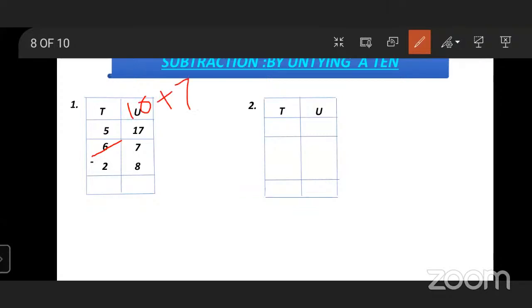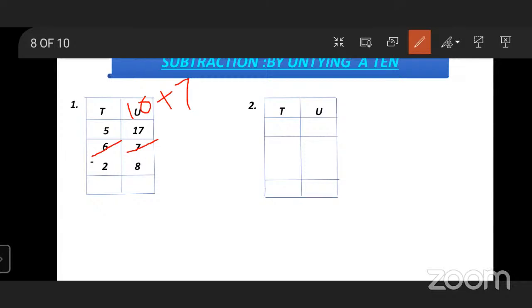Okay, so now we will not consider this 6. We will consider this 5 under the tens house, and under the units house we will consider 17. So now we have to subtract this 8 out of this 17.